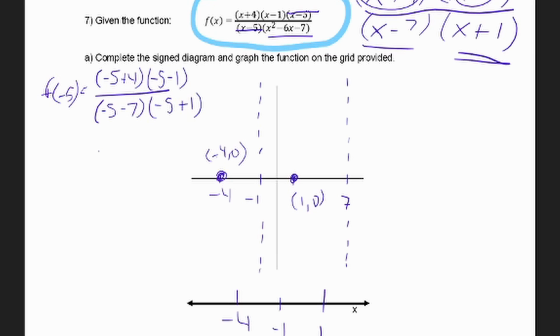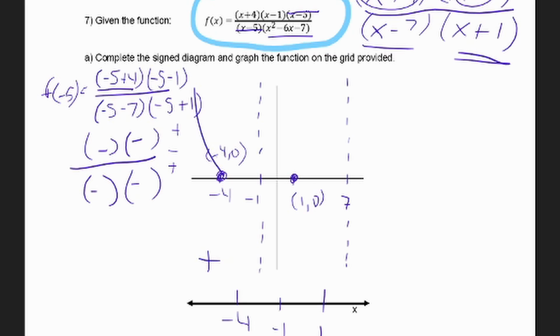Basically, we're going to get a negative term for this, then another negative term here, and we're going to have a negative term in the denominator and another negative term. So we're basically dividing a positive by a positive, right? So all the y values on the left side of negative 4 are going to be positive, and they're heading to 0.